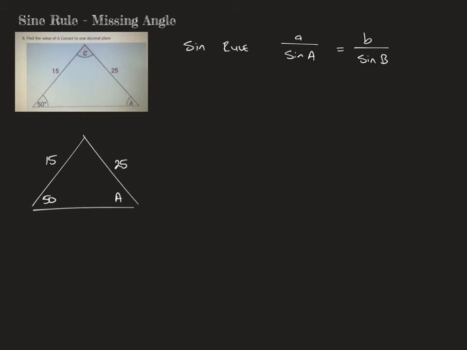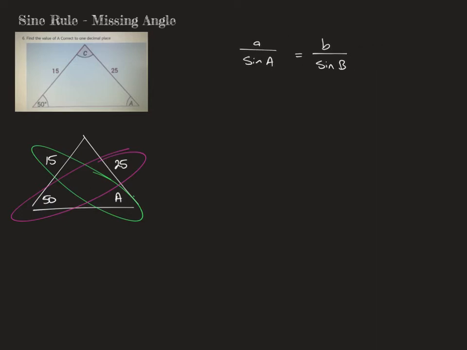Okay, let me just do that again. And I'm going to pair these two together. Okay, so all the sine rule means, right? If you look at the sine rule there, so I'll just rub out the sine rule and bring that down. It says a over sine A is equal to b over sine B. And all that means is a side opposite the sine of the corresponding angle.